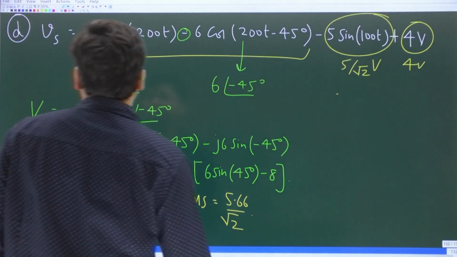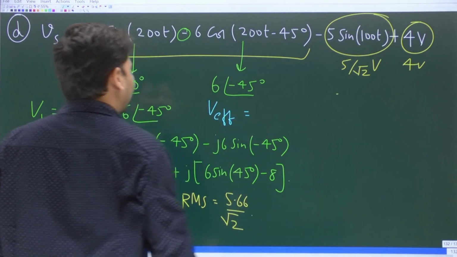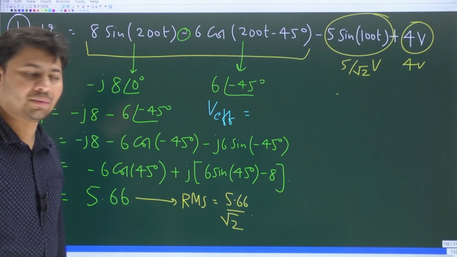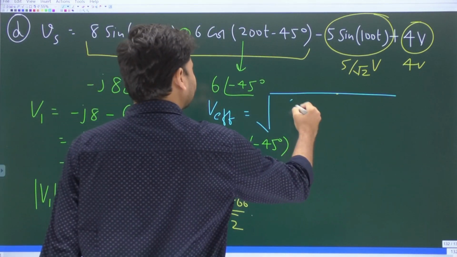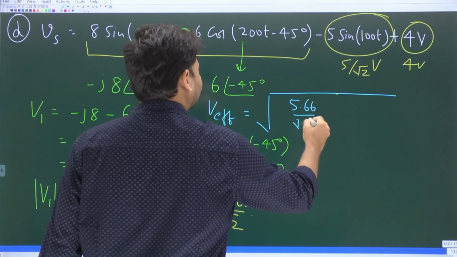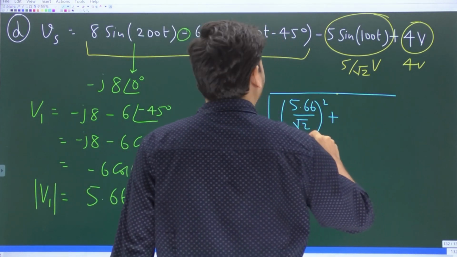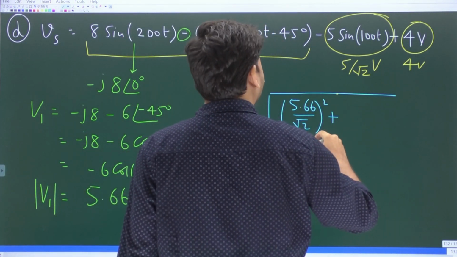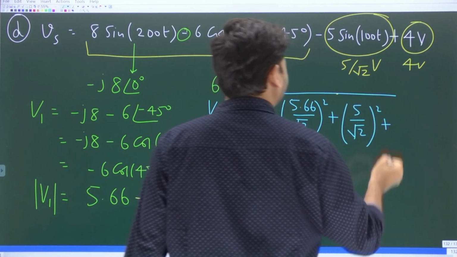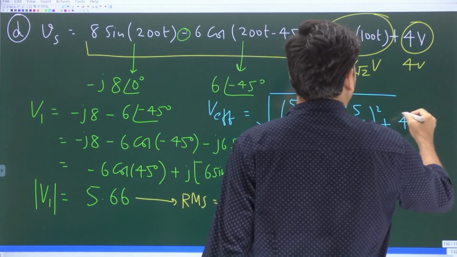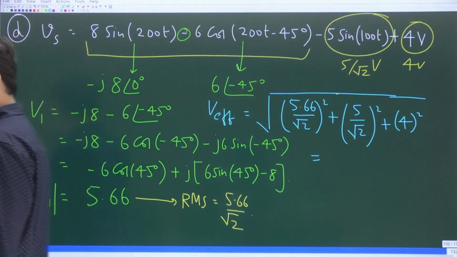Now that we have all the values, we can find the overall RMS, or the overall effective value, which is the square root of (5.66 by root 2) whole square plus (5 by root 2) whole square plus 4 square. In this way you will get the effective value.